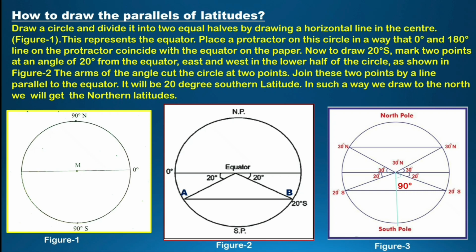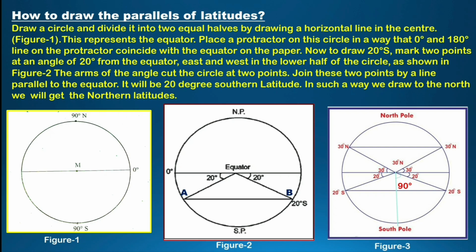The arms of the angle cut the circle at 2 points. Join these 2 points by a line parallel to the equator. Here you can see this line is parallel to the equator. It will be the 20 degree southern latitude. In such a way, we can draw to the north also, and we will get the northern latitudes.